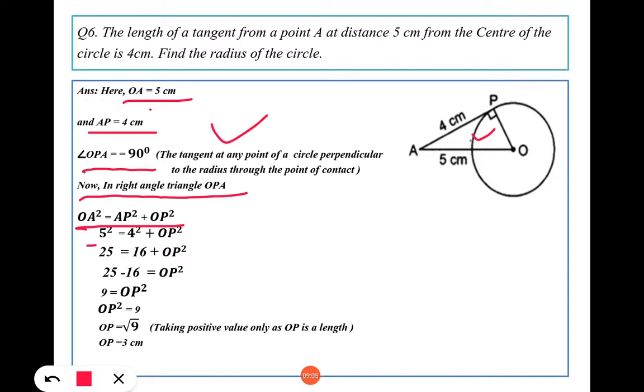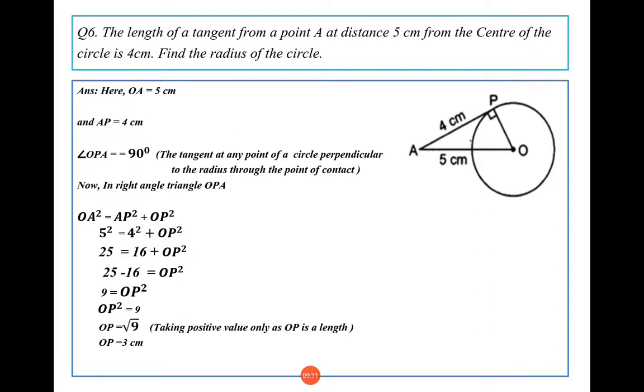Now OA is 5 cm, so we have 5 square, AP is 4 cm, so we have 4 square plus OP square. Now 5 square is 25, 4 square is 16 plus OP square. Now transposing 16 to left hand side, we are left with 9 is equal to OP square, or OP square is equal to 9. So the value of OP is 3 cm.